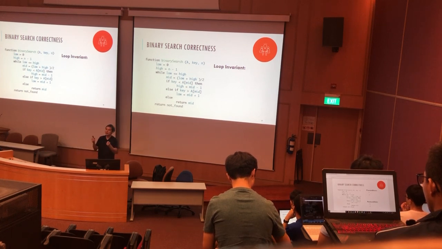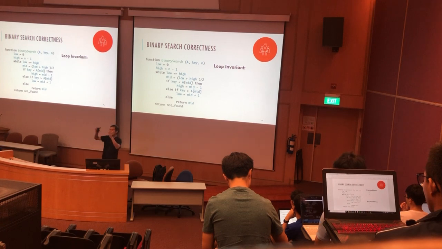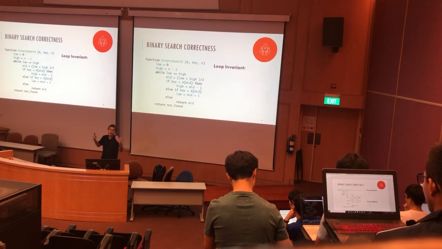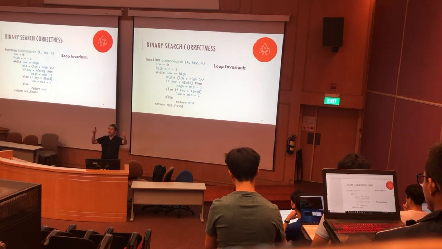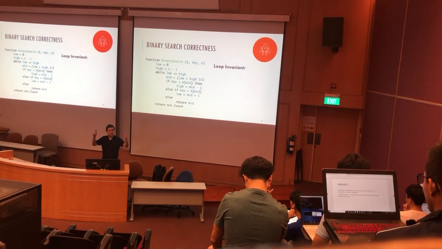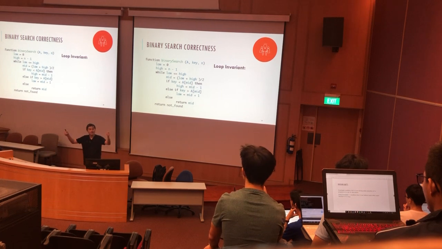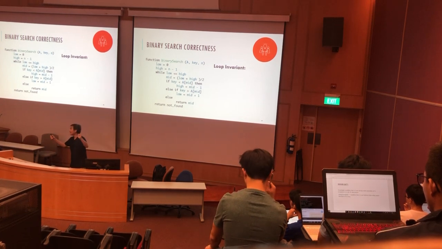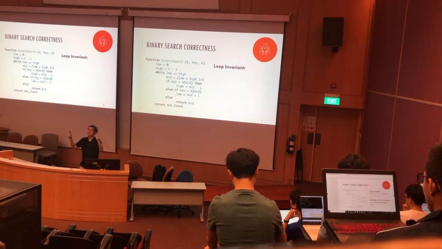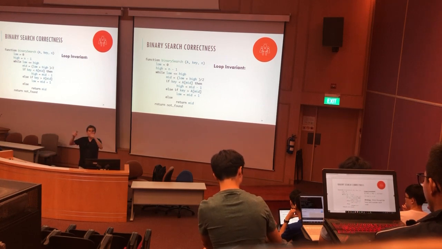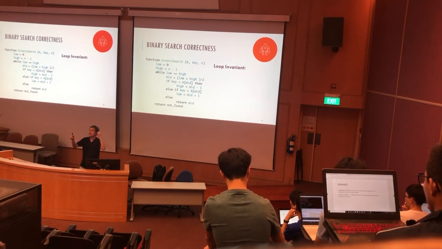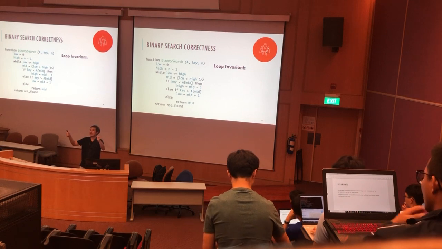What are we doing when we say we can shave off part of the array? We maintain two bounds, a low and a high. The key is in between. Great. If the key exists anywhere in the array, it must be between low and high.